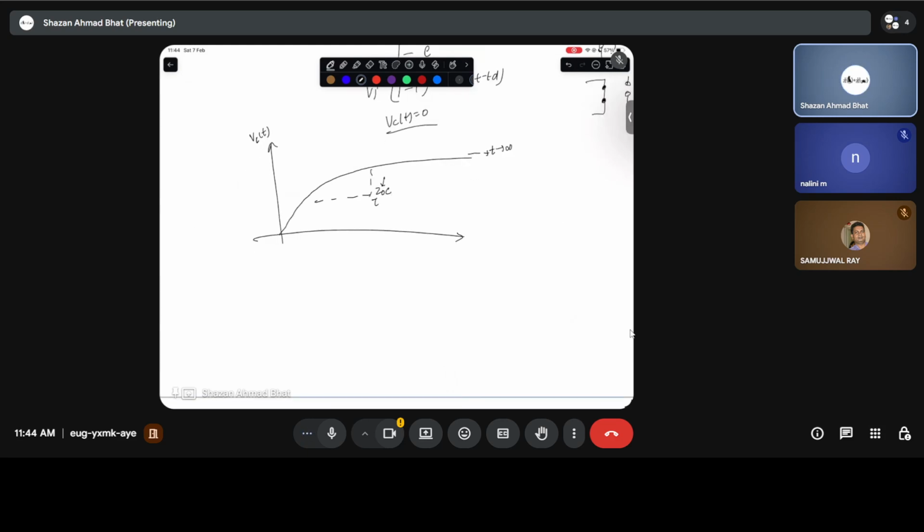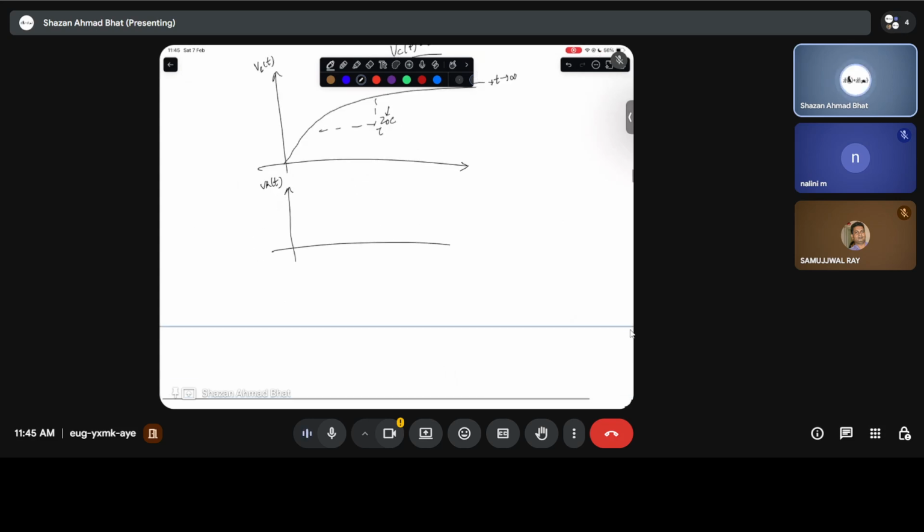Now how is it going to look if you want to write Vr as a function of t? At time td there will be a negative spike, and then it will go towards this particular v1 value.